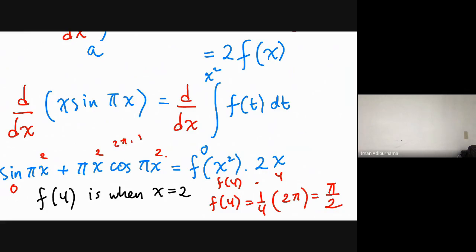Oh, that will be different. If this is x and this is x squared, then you need to minus. So you need to put the x squared to x. If this is x, then you have minus f(x). Let me write for you.